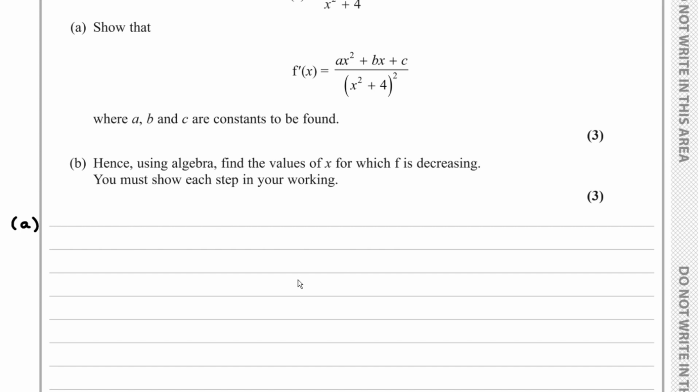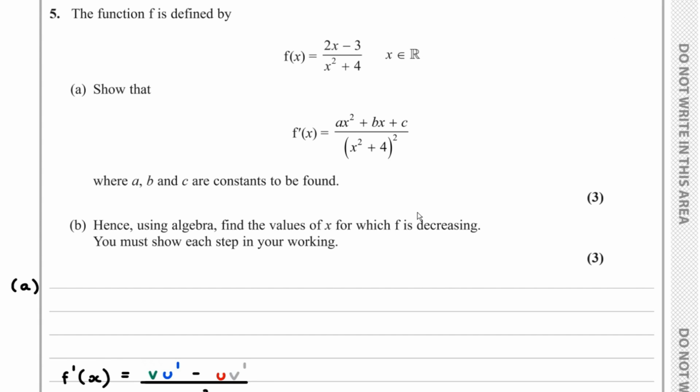So, for part A, the quotient rule is given by f dash of x equals v u dash subtract u v dash over v squared. If we take a look at f, we can state that u is equal to 2x subtract 3 and v equals x squared plus 4.